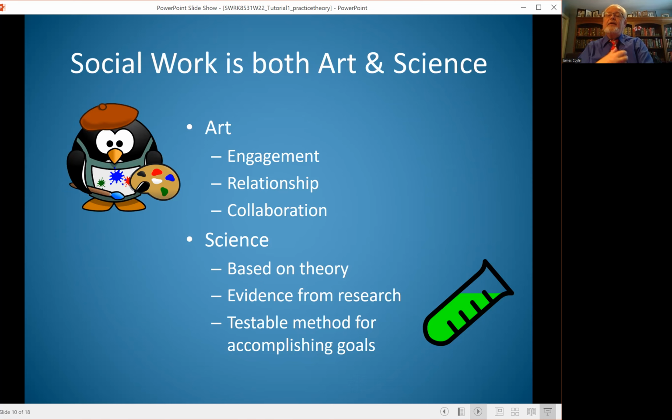That puts us on our toes, because it's not just a matter of being friendly and listening and having a good relationship with the client. If we want the presenting problem to be resolved, then we have to do something specifically that we believe is going to resolve that presenting problem. And we want to know, is it working or not?